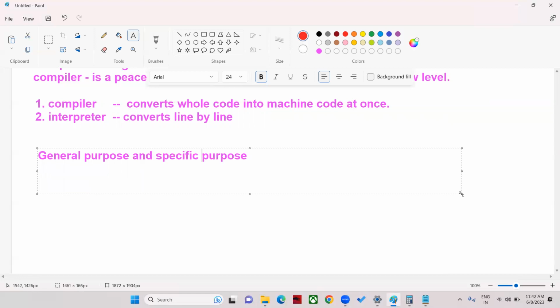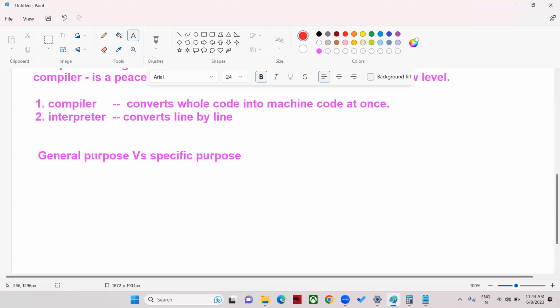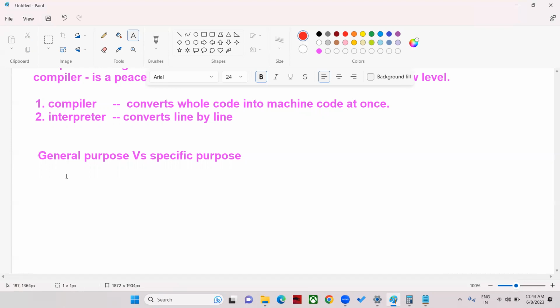We have two different types of languages. First is general purpose programming language and second is specific purpose programming language. This is actually an interview question asked of one of my students. He didn't answer it, so from that point onwards I included this here as well as in SQL.